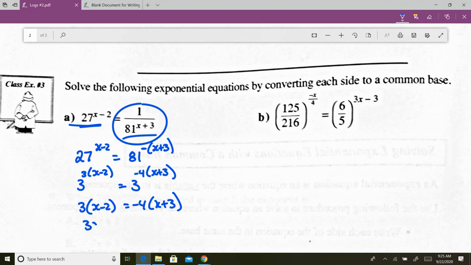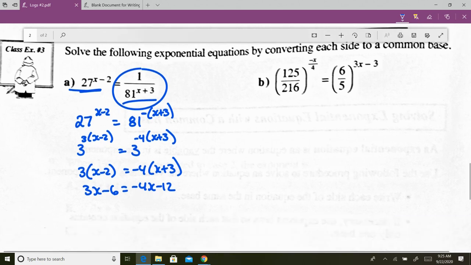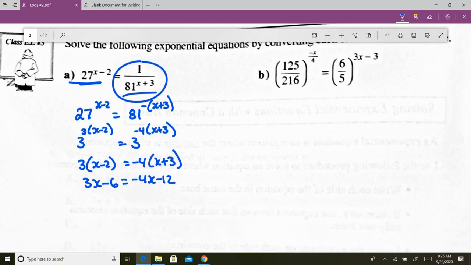FOIL or distribute it. 3x minus 6 is negative 4x minus 12. Put your like terms on one side, so 7x is equal to negative 6.